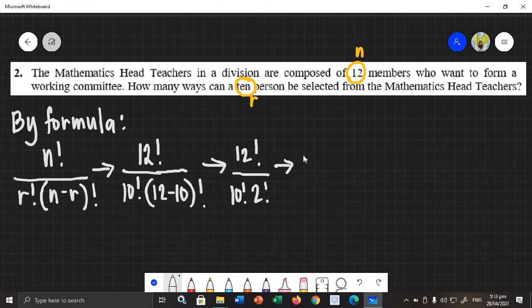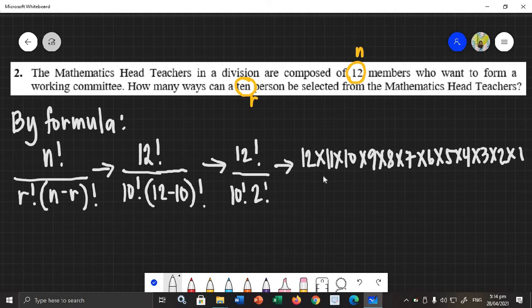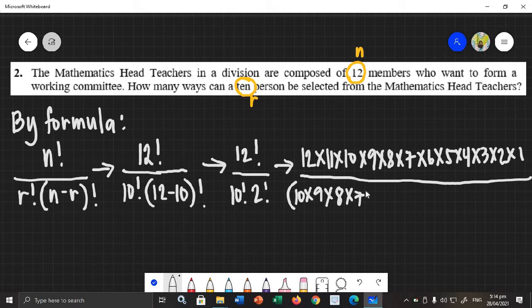And then expressing this, we have 12 times 11 times 10, 9, 8, up until 1, all over 10 factorial, which is 10, 9, 8, 7, 6, 5, 4, 3, 2, and 1. And then 2 factorial is 2 times 1.